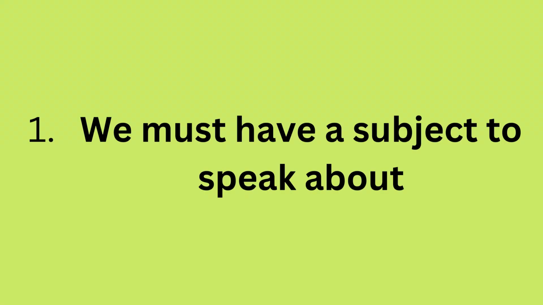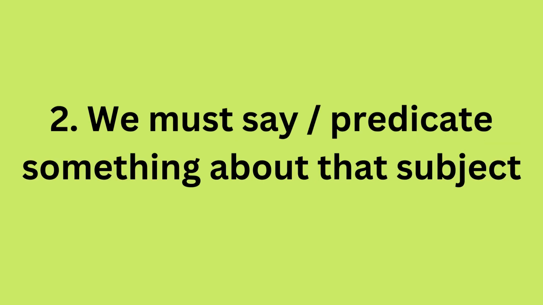We talk about a person or a thing, and then we talk about what that person or thing is doing. That means we must have a subject to speak about, a person or a thing about which we have to speak. And secondly, we must say, or predicate, something about that subject.